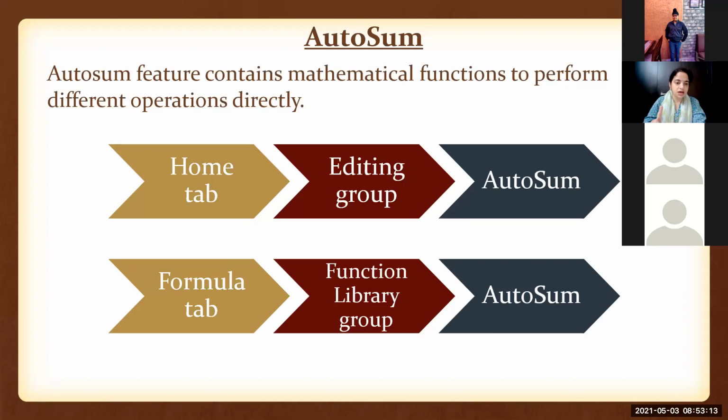You can be asked, what is the command for opening the function wizard? What is the command for using the AutoSum feature? There are two commands for using the AutoSum feature. One is Home tab, editing group, AutoSum. Second is Formula tab, function library group, AutoSum. So both ways you can use the AutoSum feature. Okay.